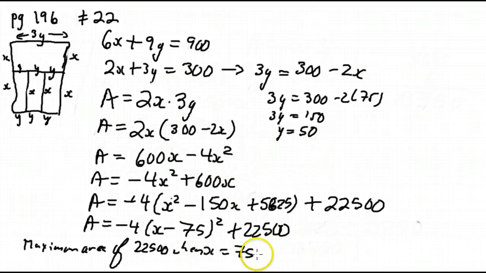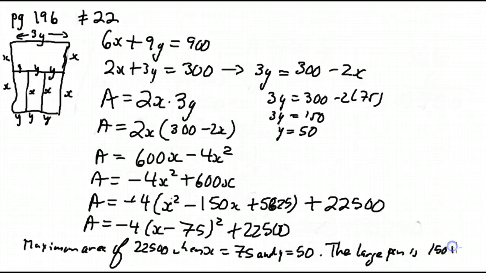So when x equals 75 and y equals 50, that makes the large pen here 3y, 150, by 75. Okay, so the large pen is 150 by 75 meters.